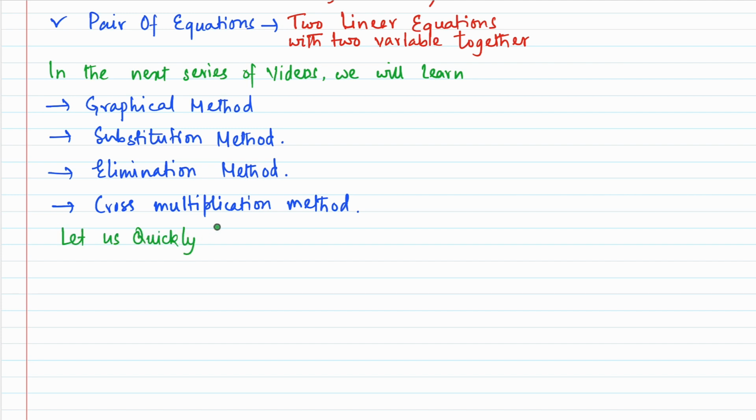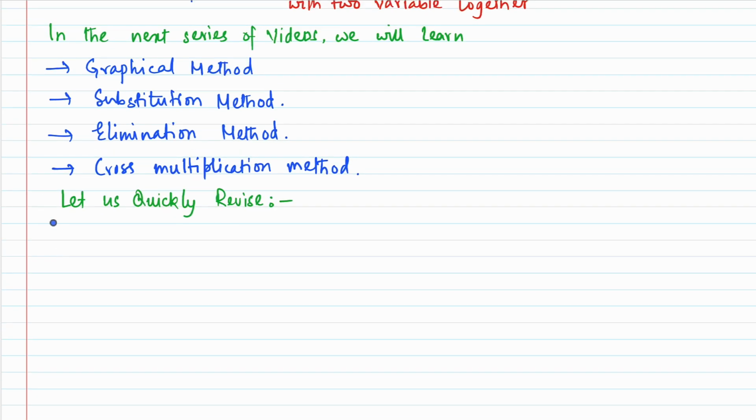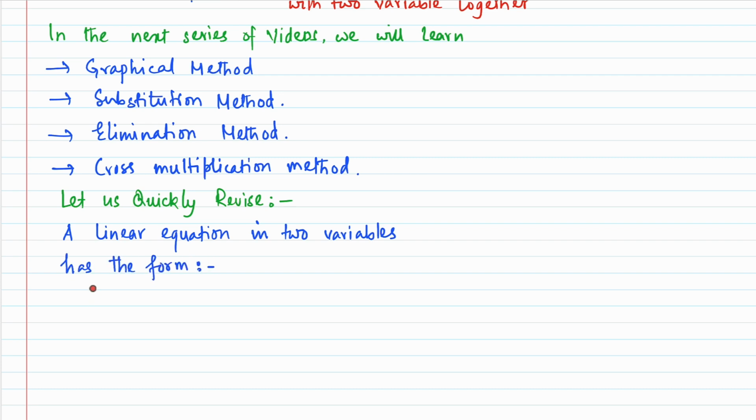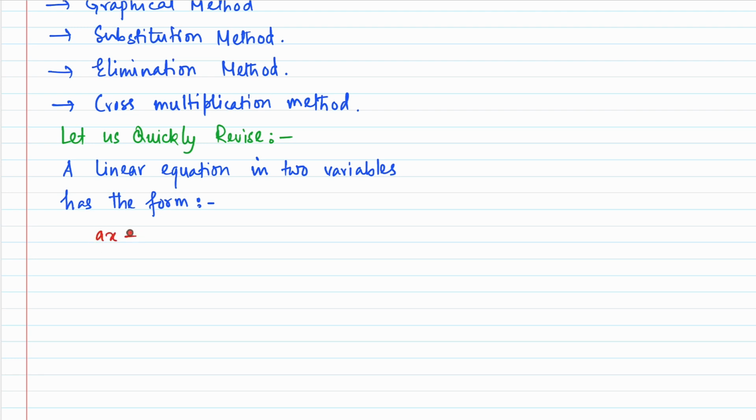Now let us quickly revise what we have learned so far. A linear equation in two variables has the form ax plus by plus c equal to 0, where a, b and c are constants, and we can see from here the power of x and y is 1, so they are linear equations of two variables.